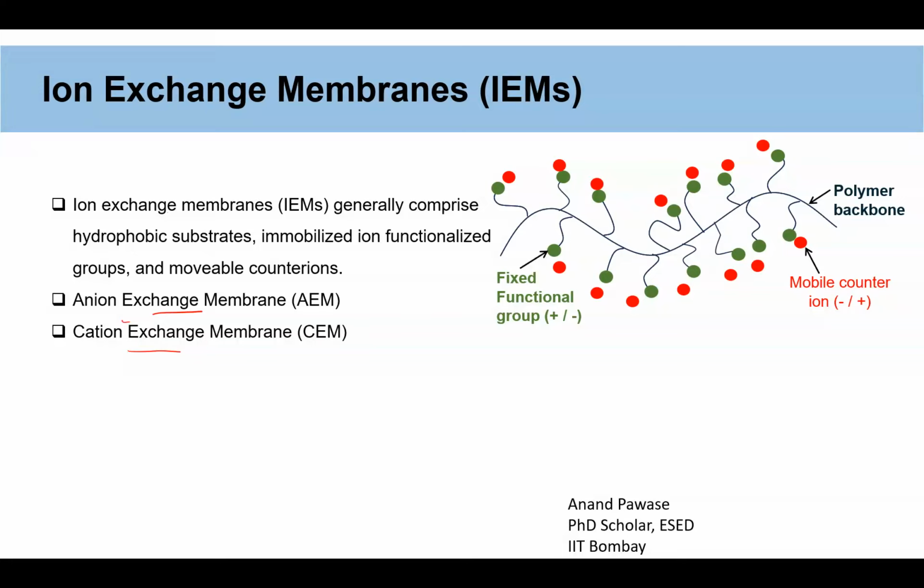Different types of membrane are there. The polymers that we normally cast for RO, or different types of UF and nanofiltration, are different. For ion exchange membranes, the fabrication step is a little bit different, because we need a movable charge for exchanging the ions which are present in the wastewater.